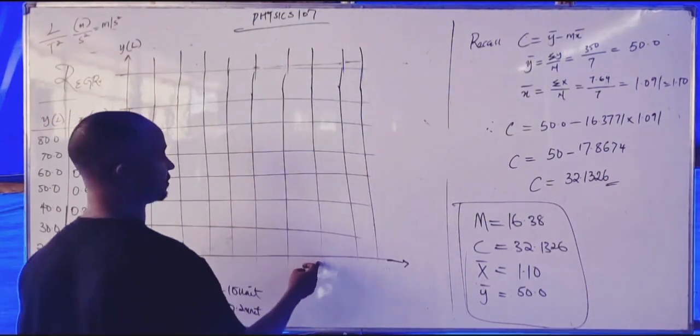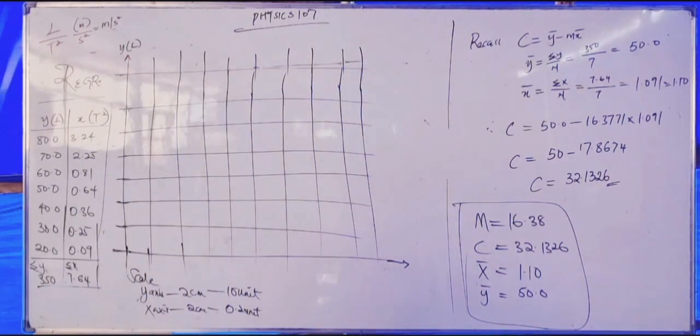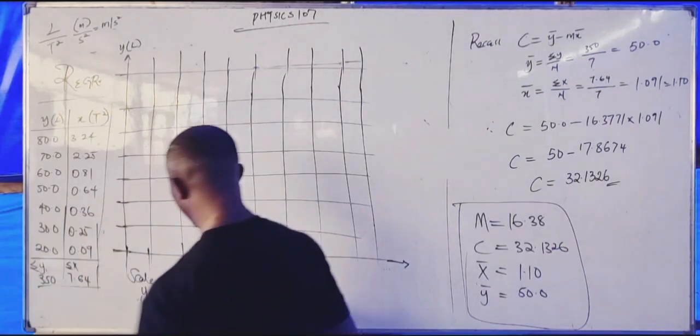So it wouldn't be enough. That means for the graph, we need to change the scale here. Okay, we'll change our scale then. But I think this scale is okay for the y-axis.